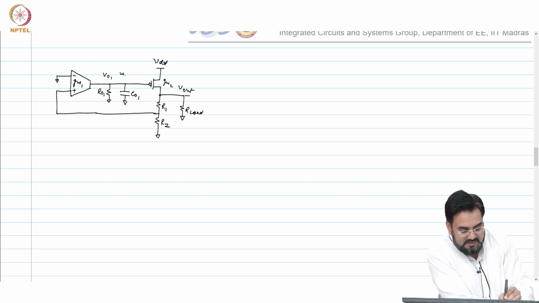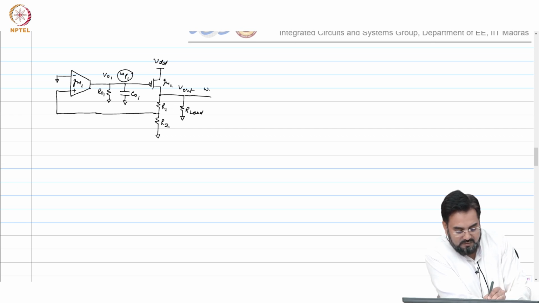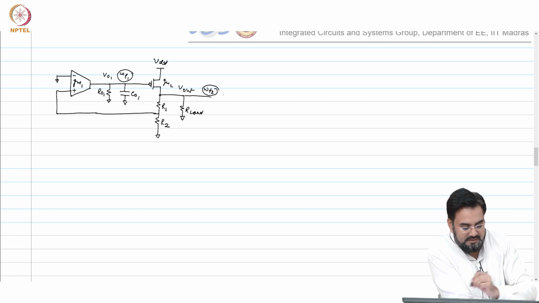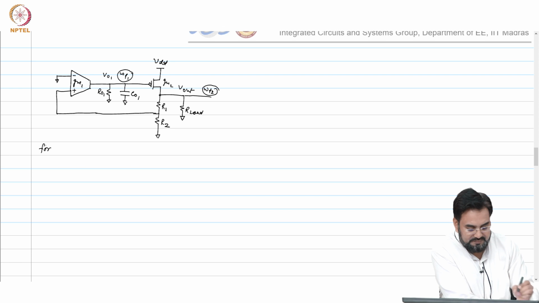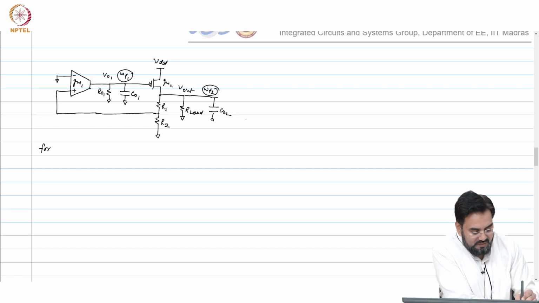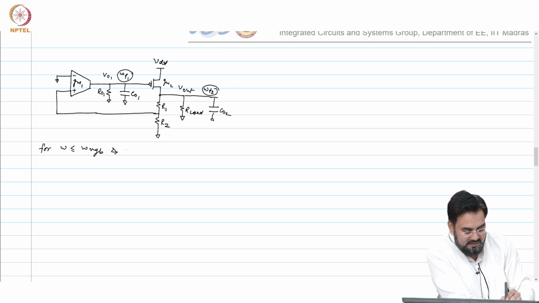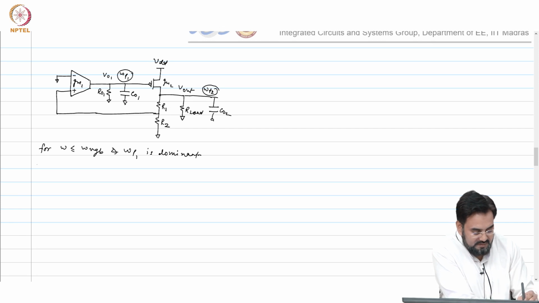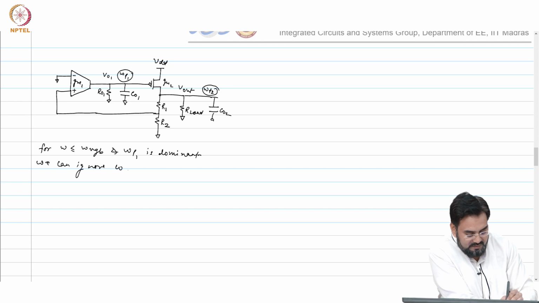So, this is your omega p1 and omega p2 is here. So, if this is CO2, for omega less than equal to omega UGB and omega p1 is dominant, we can ignore CO2.